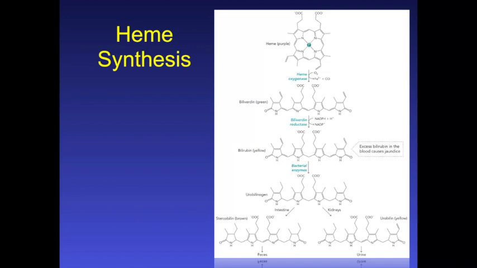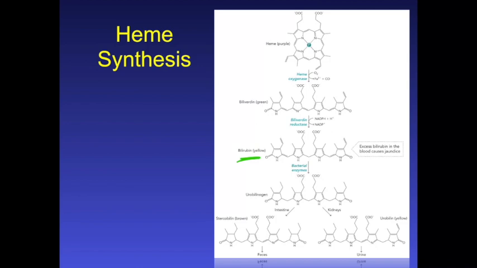And so when people do blood tests, one thing that they look at is a molecule called bilirubin. Well, bilirubin is a product of heme being what? Broken down.